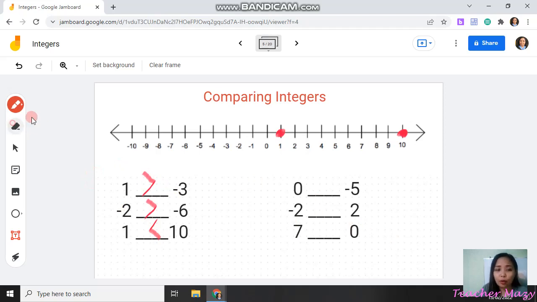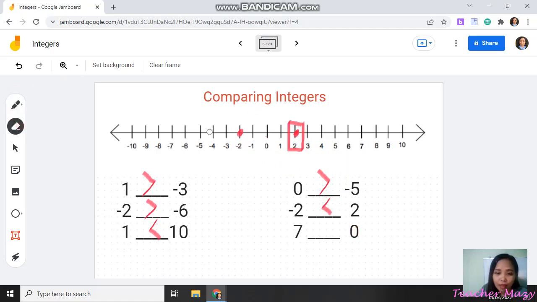Next is 0 and negative 5. 0 is here and negative 5 is on the left side, so 0 is bigger than negative 5. Then we have negative 2 and 2. 2 is here and negative 2 is here. 2 is on the right side, so it is bigger than negative 2.